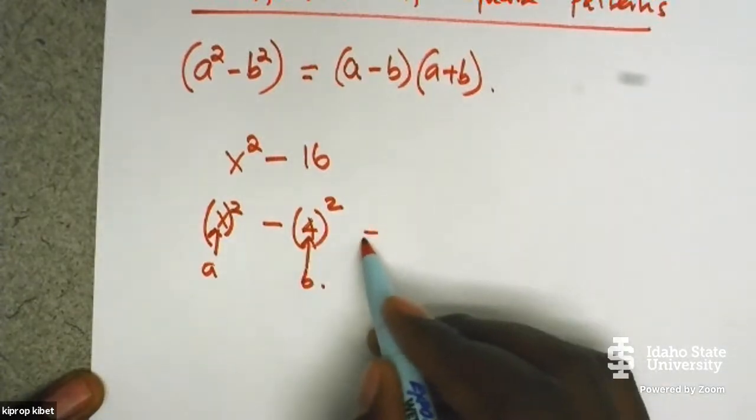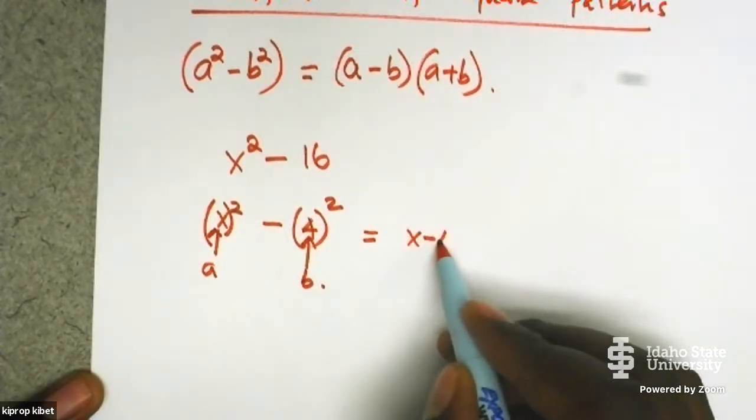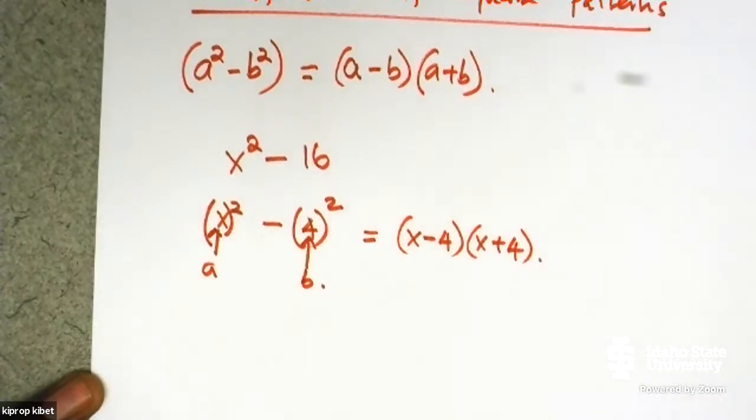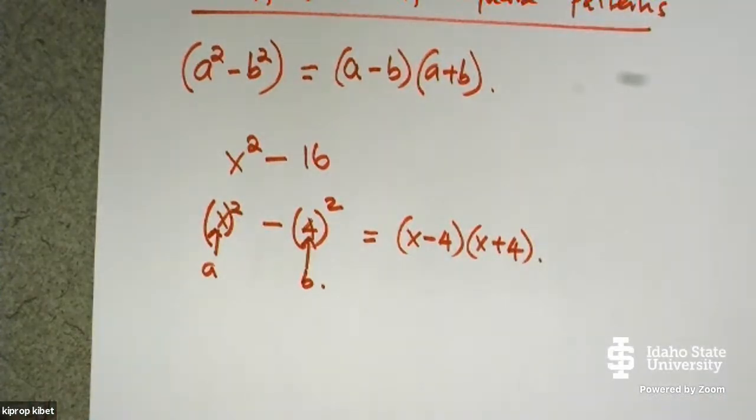That means this is equal to x minus 4 times x plus 4. Are we together?